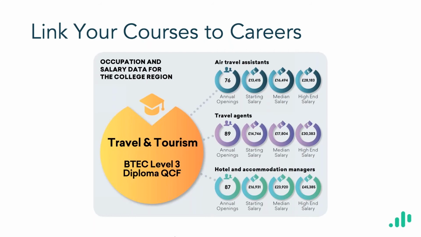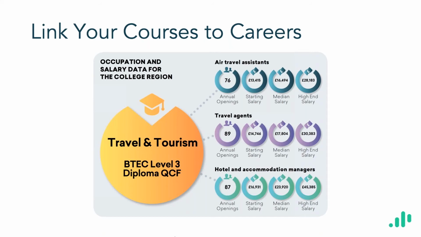Where are the jobs? What's the starting salary? What's the end salary? Is this a career destination for me? So it's really worth spending that time and doing that analysis and starting to provide that data which links the actual course that you're teaching, and how that then translates into the career for the student.